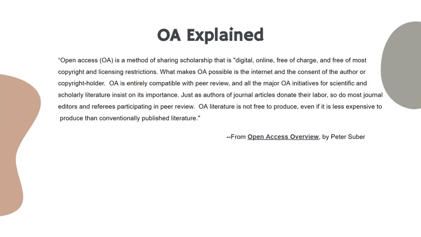OA is entirely compatible with peer review, and all the major OA initiatives for scientific and scholarly literature insist on its importance. Just as authors of journal articles donate their labor, so do most journal editors and referees participating in peer review. OA literature is not free to produce, even if it is less expensive to produce than conventionally published literature.